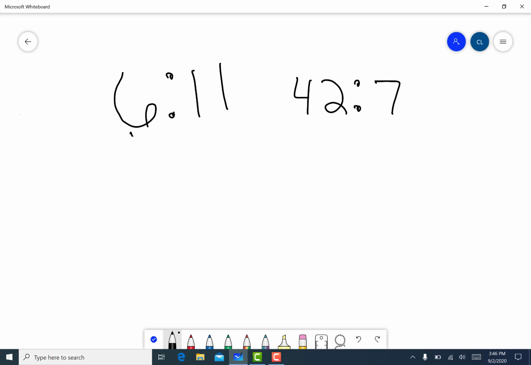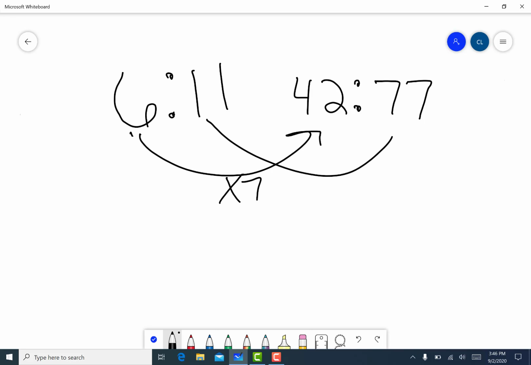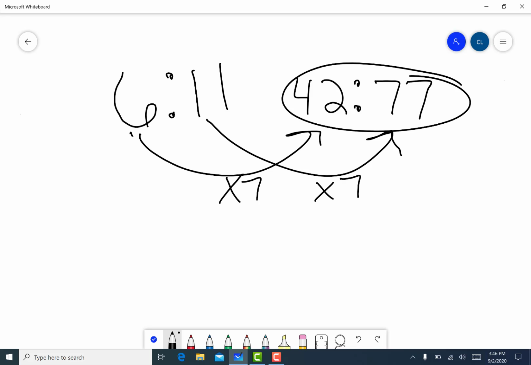Alright, so you should have seen 77, because if you multiply 6 times 7, that's 42, and 11 times 7 is 77, which would give us an equivalent ratio. So for A, you should have put an X or a check mark by no, and then you could have put 42 to 77 to make it an equivalent ratio to the first ratio.